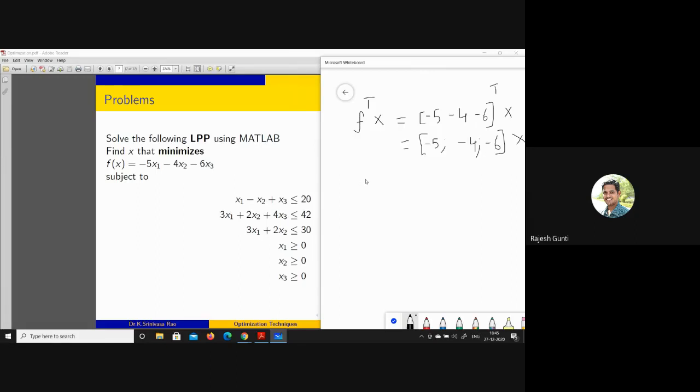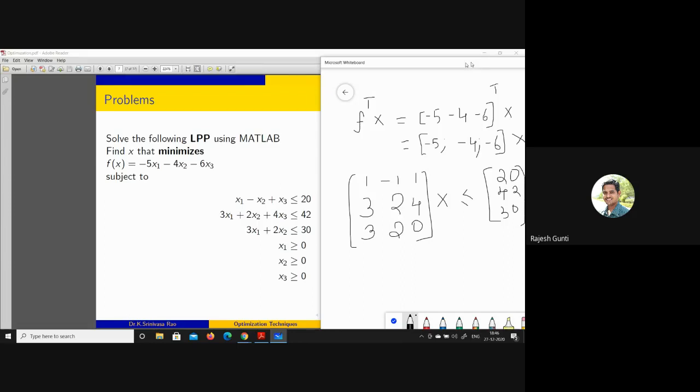Writing the inequality sign: 1, minus 1, 1; 3, 2, 4; 3, 2, 0, of x, that is x1, x2, x3, just x, less than or equal to 20, 42, 30. This value we are mentioning like this.